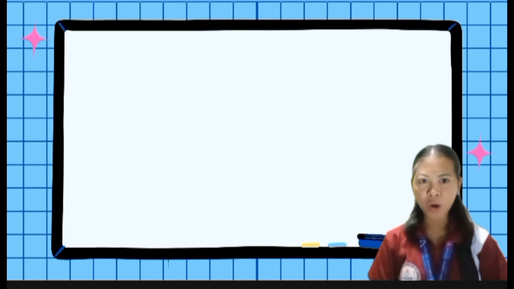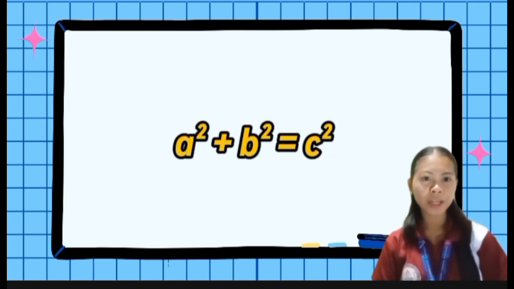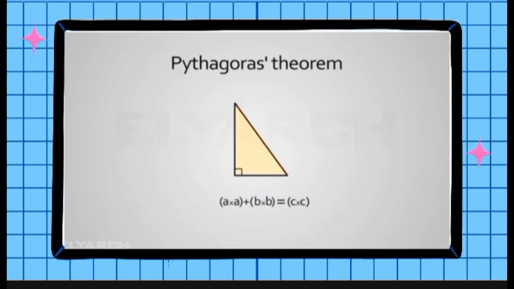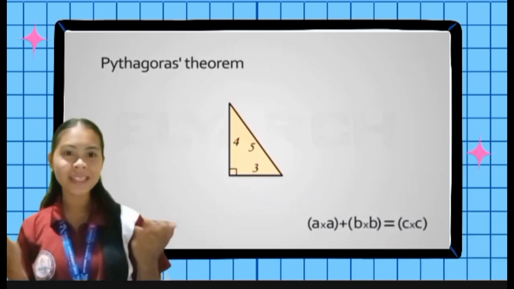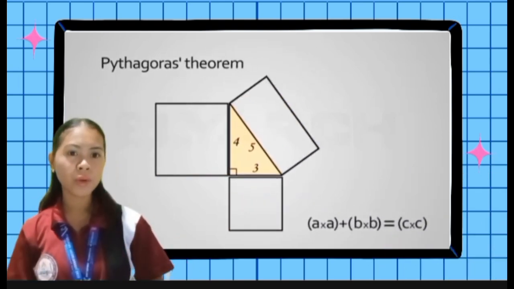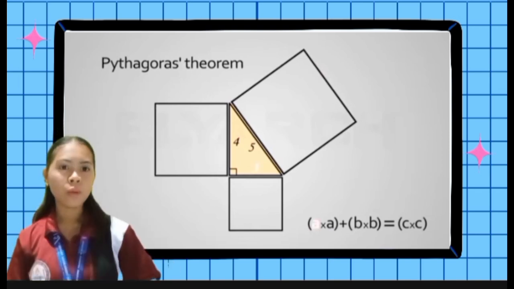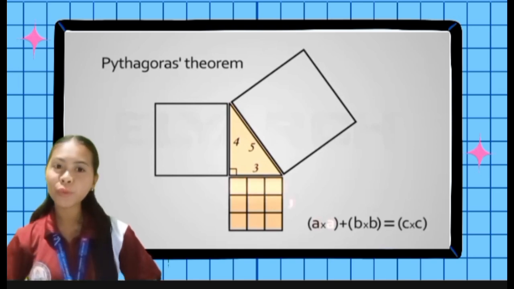So, we already know that a squared plus b squared is equal to c squared. To emphasize, it is a times a plus b times b equals c times c. In this case, a squared has an area of 1, 2, 3, or 3 squared is equal to 9.